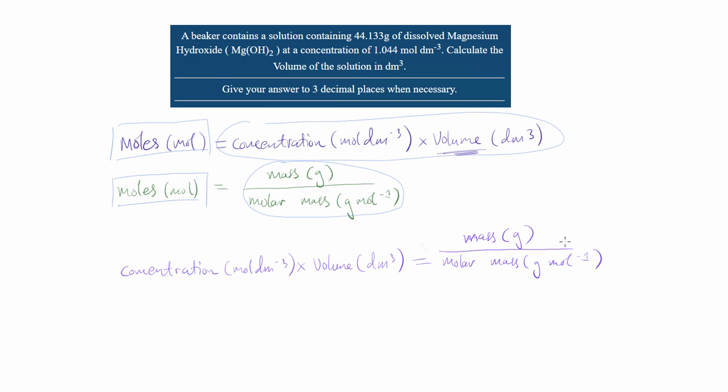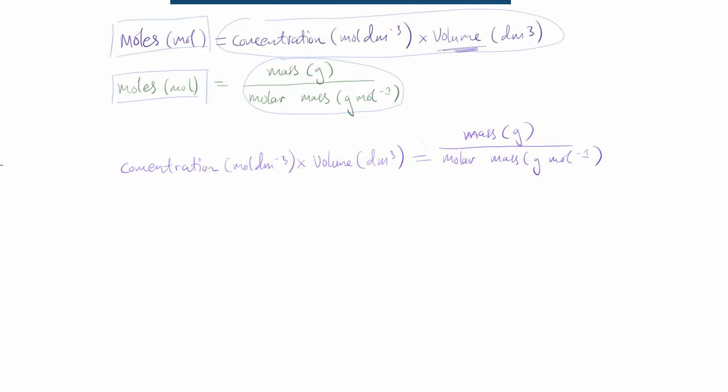Rather than writing out all of the units again, in the interest of time, I'm going to do a bit of abbreviation. So volume, or just vol, is equal to, and in order to get volume as the subject, what I'm going to do is divide both sides of this equation by concentration.